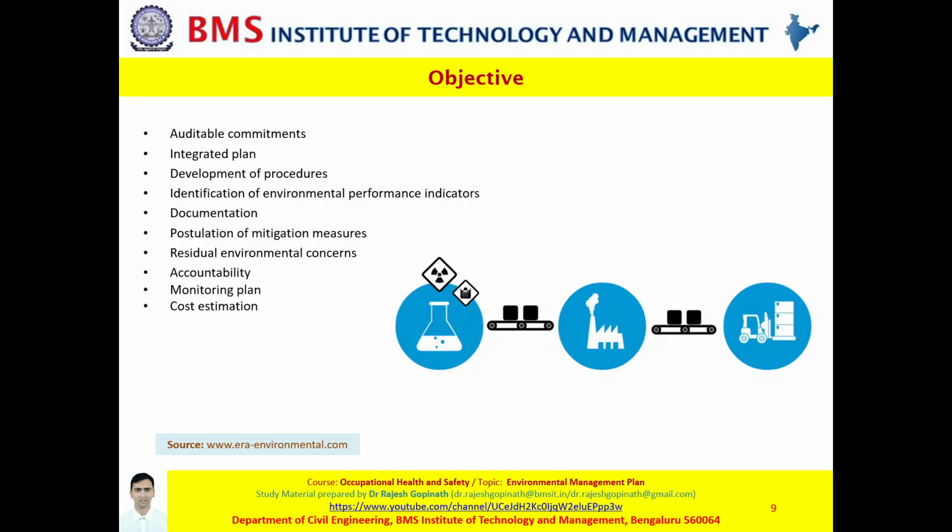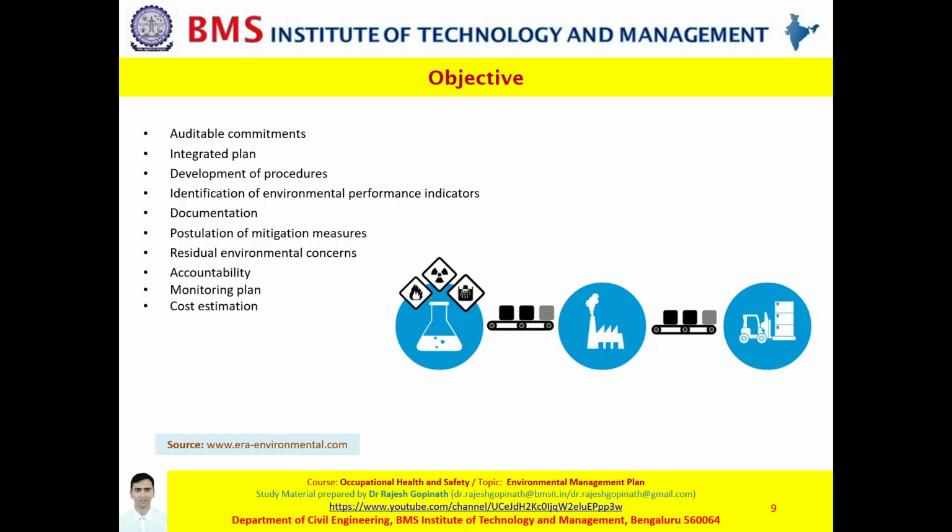In other words, my dear friends, EMP actually helps you to identify EPI, environmental performance indicators. Without having identified this, a project cannot be initiated, because without knowing which environmental parameter will be impacted, if you continue to do the operation, when the damage occurs, it would have been too late.